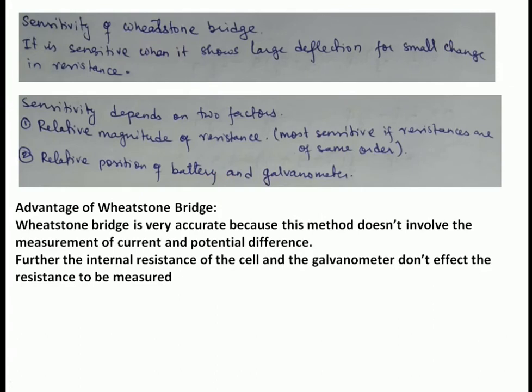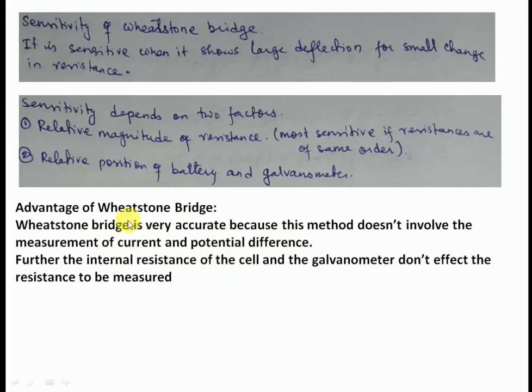One advantage of the Wheatstone bridge is that it is a very accurate method to measure resistance. If we calculate the resistance by Ohm's law, we have to measure current and potential difference, and while measuring them, lots of error will come due to the internal resistance of the cell, the resistance of the ammeter and the resistance of the voltmeter.